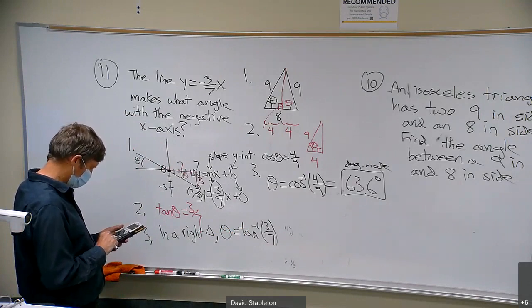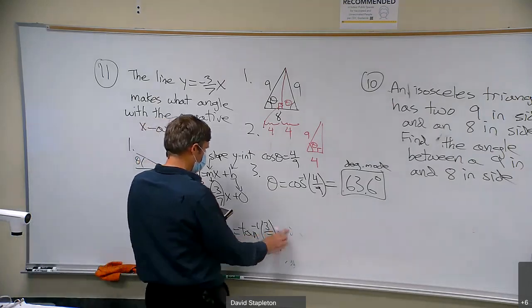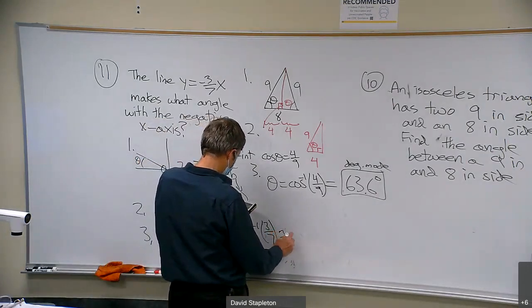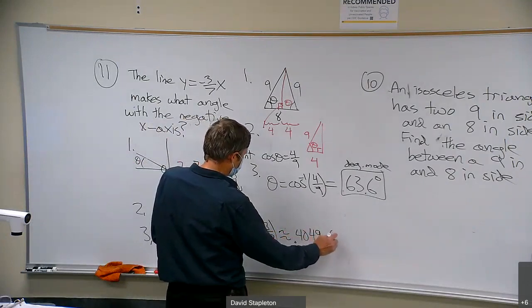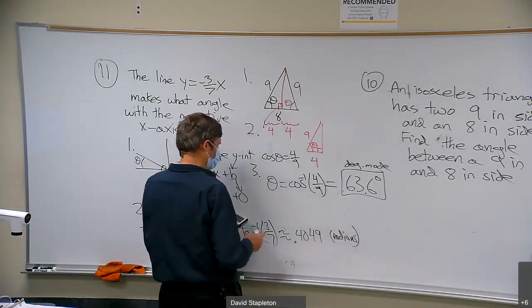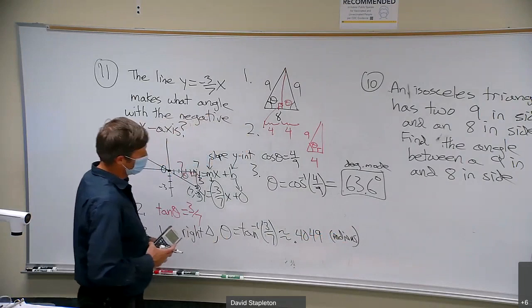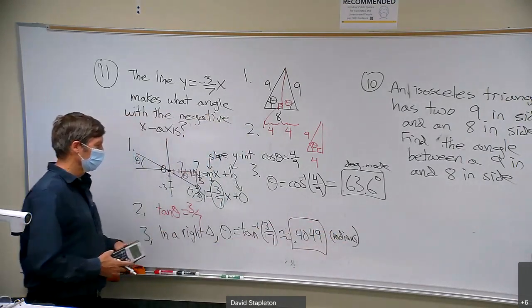Second tangent, 3 divided by 7 gives me about 0.4049 radians. You don't need to put in the units when it's radians. It's assumed unless you put a degree on there. So there it is, about 0.4 radians.